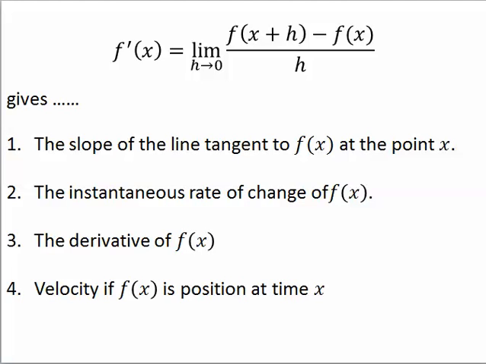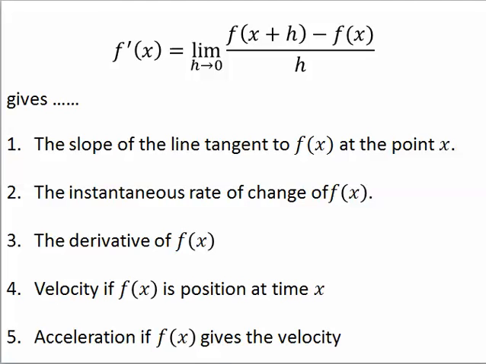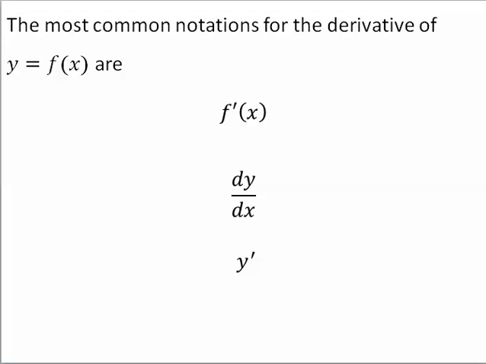It gives velocity if the function is position. It gives acceleration if the function gives velocity. Some notations that you're going to see are f prime of x, dy dx, and y prime. These are all found using the limit process. They all mean the exact same thing: f prime of x is equal to dy dx is equal to y prime of x.